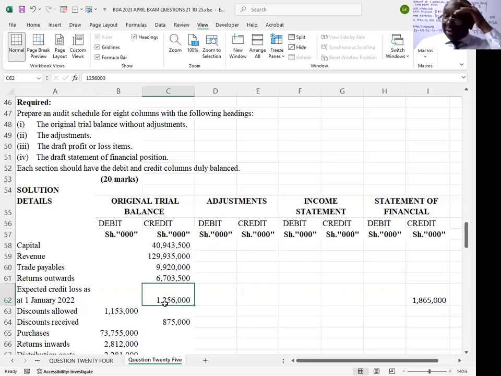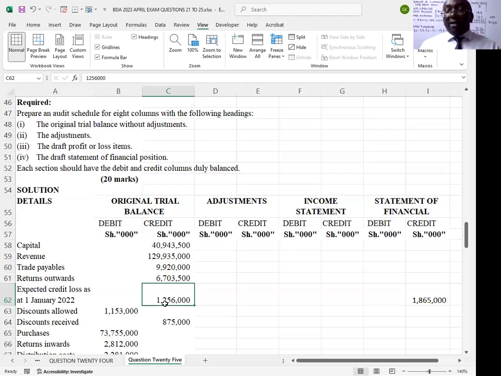What has happened? Yeah, it has increased. Now, an increase in credit loss is always debited, is an expense.